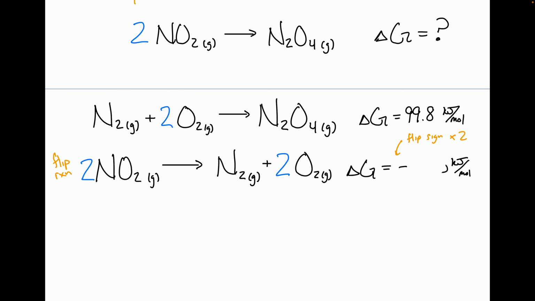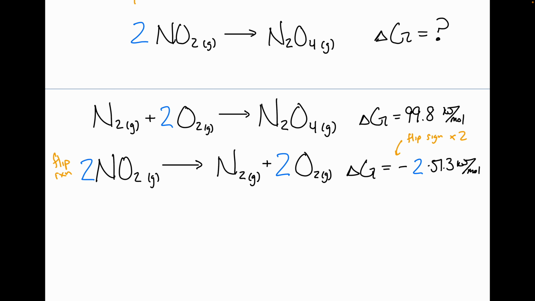Now it's negative 102.6 kilojoules per mole. I'm actually going to leave this as 2 times 51.3 to make a point.